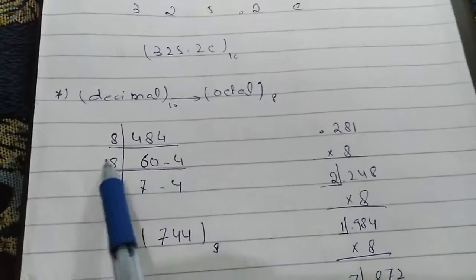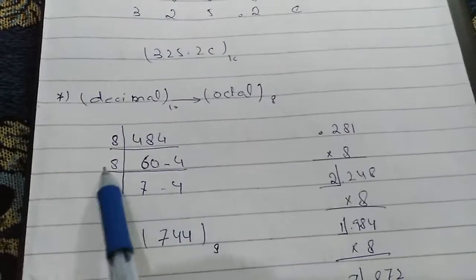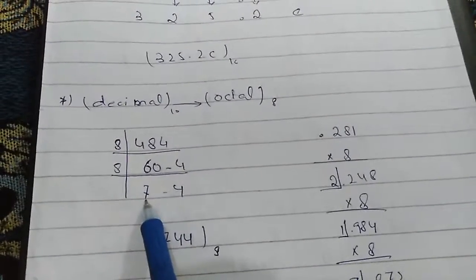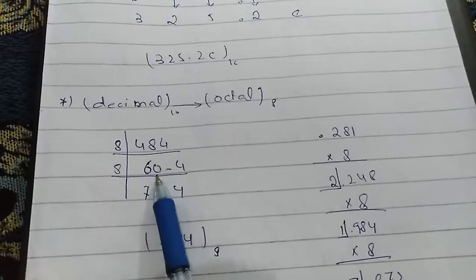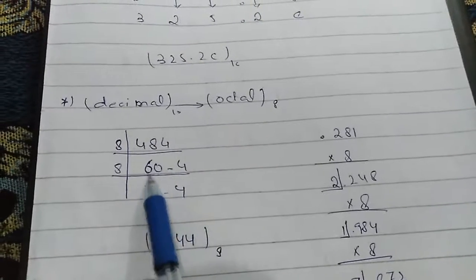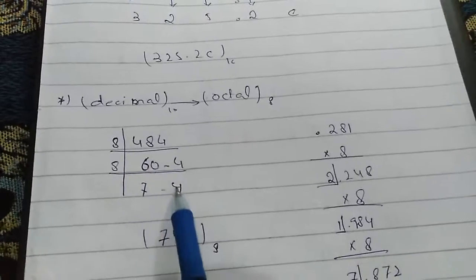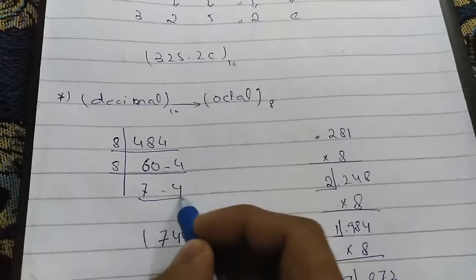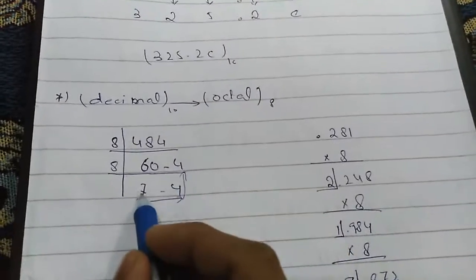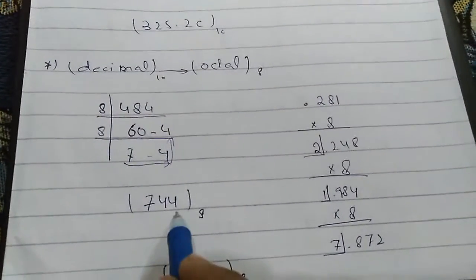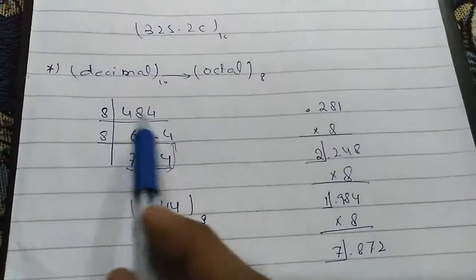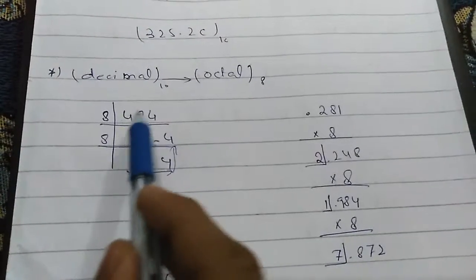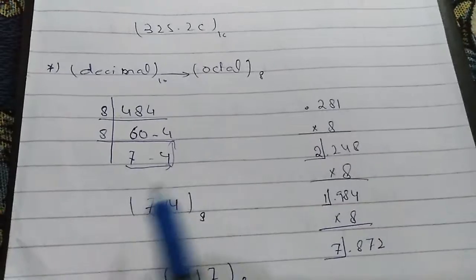Now here it becomes 60, and we again divide by 8. 8 sevens are 56, so the remainder is also 4. We always take these values from bottom to top, so we write the answer 7 4 4. So it is seen that decimal is converted into the octal number system simply.